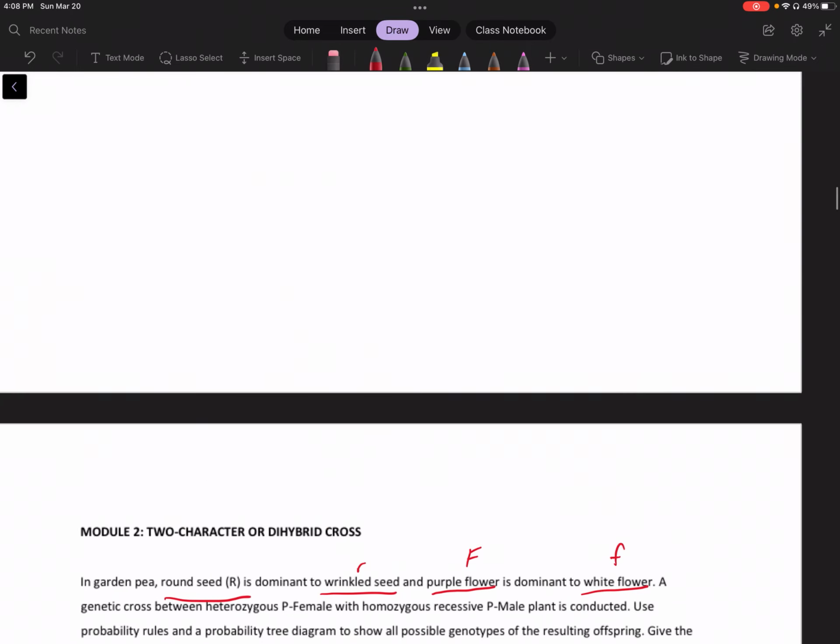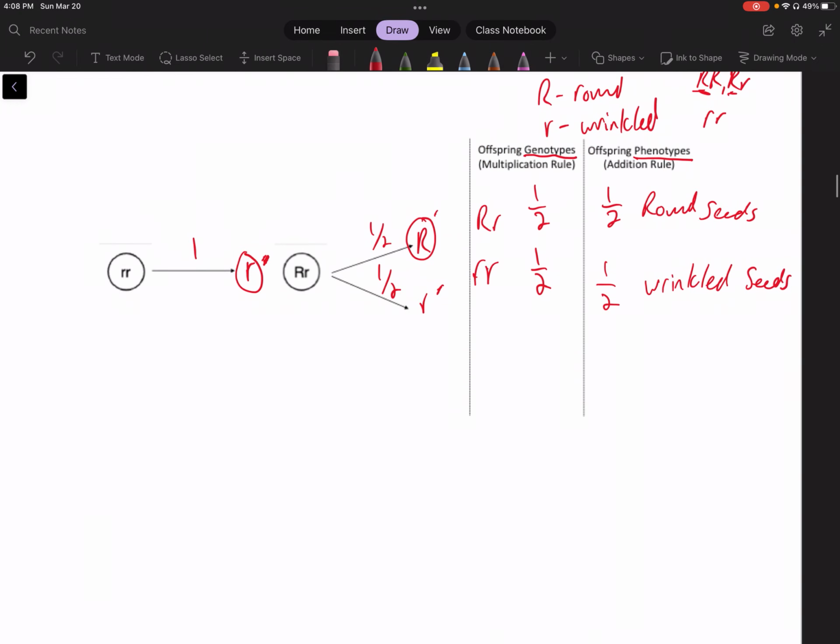And so, I'm glad I read that, because now we want to give the ratio of these. So what we mean by ratio is, usually when we're looking at monohybrid traits, it's homozygous dominant to heterozygous dominant to homozygous recessive.